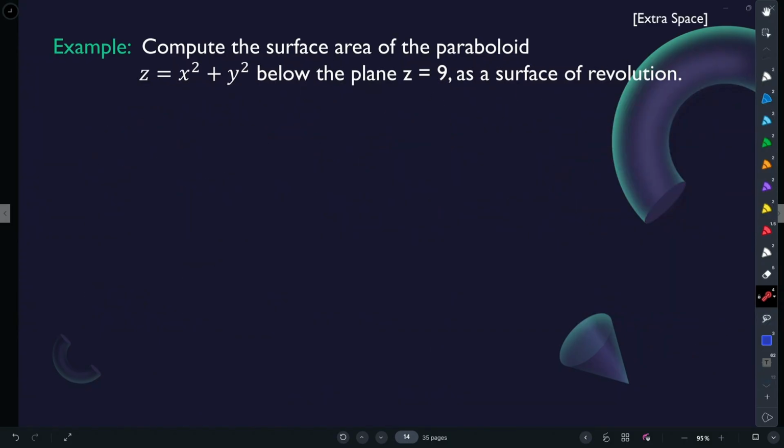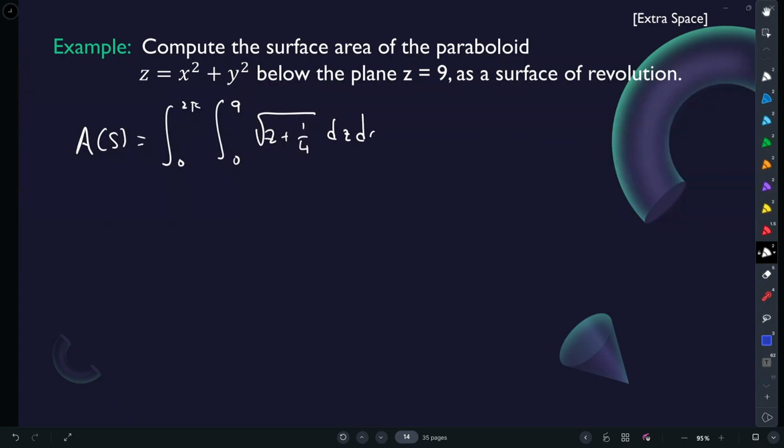So I can finish the integral, though. So the area I said is the integral from 0 to 2 pi, integral from 0 to 9, the square root of z plus a fourth, dz d theta. Again, there are no thetas inside, so this is the product of two integrals, in theta times the integral in z.